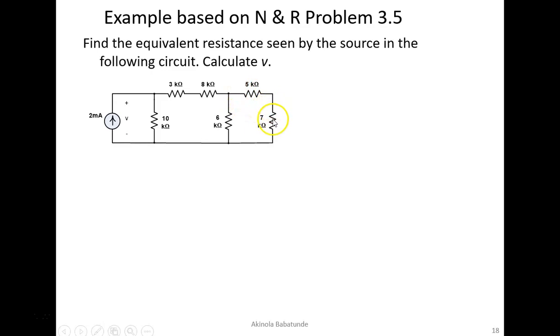If we have 12 kilo ohms here, you will notice that the current that enters these 12 kilo ohms is different from the current that enters these kilo ohms. When the current coming from this side of the circuit gets to this node, it splits. A portion of it flows down, and a portion of it flows to this other end.